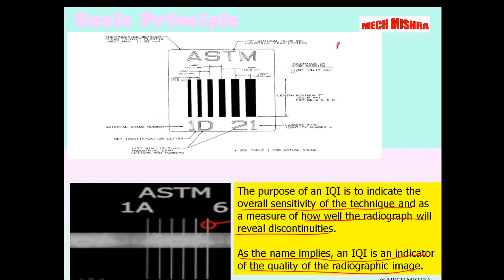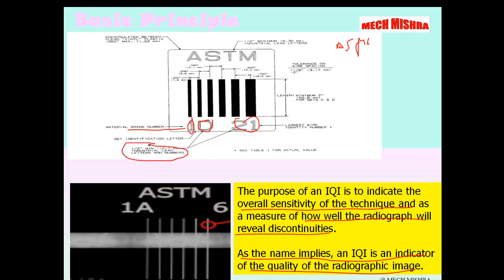This is from ASME Section 5. As we explained earlier, ASME also gives the material grade number, then the set type, then the last wire identity, and for each, ASME has specified the diameter, thickness and size.